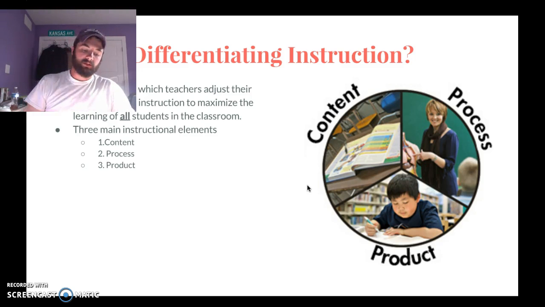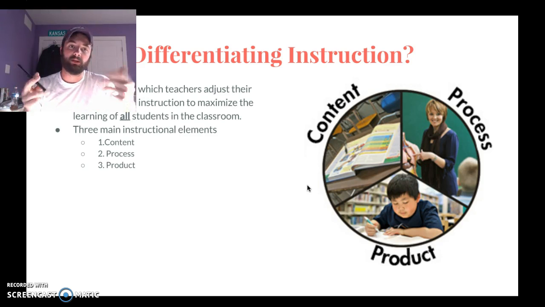There are three major instructional elements: content, process, and product. Content is what you are teaching, whether it be reading, math, science, or even on a more basic level like addition, subtraction, life cycles, that kind of stuff. The process is where differentiating instruction really comes in.